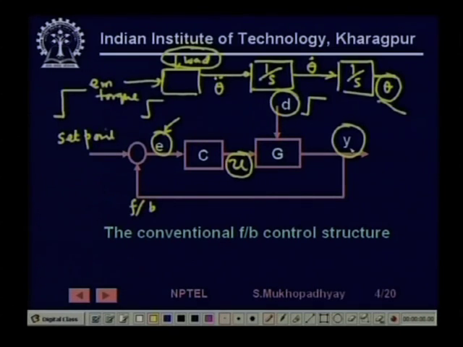So, if there is a slow change in y, then the change in error will also be slow. So, the feedback controller will not immediately try to raise its input because the disturbance level has risen, but it will change its input slowly, which means that the speed will fall to a good extent, and then slowly the feedback control action will come into play, and then the input will rise, and then the speed error will be corrected.